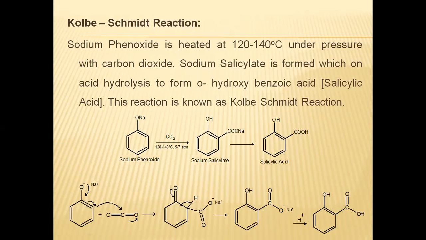What happens here: this is O minus and Na plus. The phenoxide ion is stabilized by resonance, so the negative charge is present on the ortho and para positions, and CO2 acts as an electrophile. It attracts the electrons from the ortho position and forms the substituted product like this.